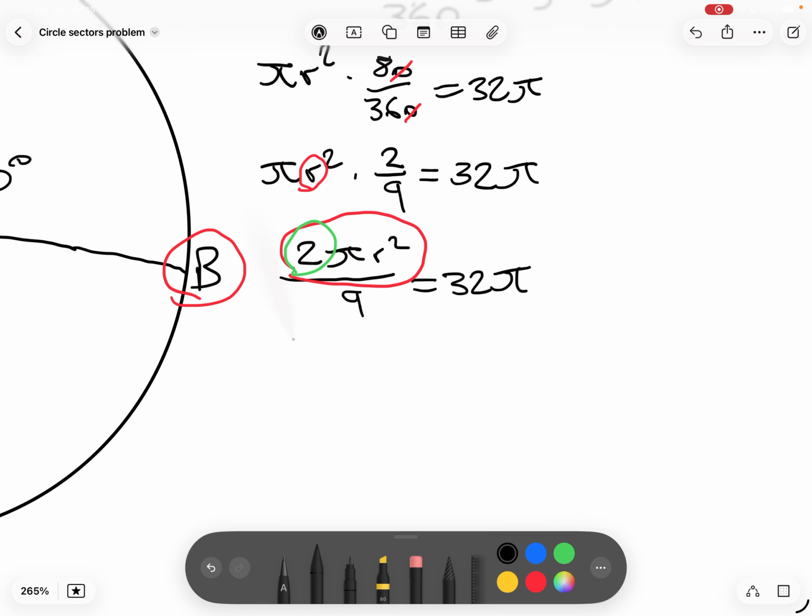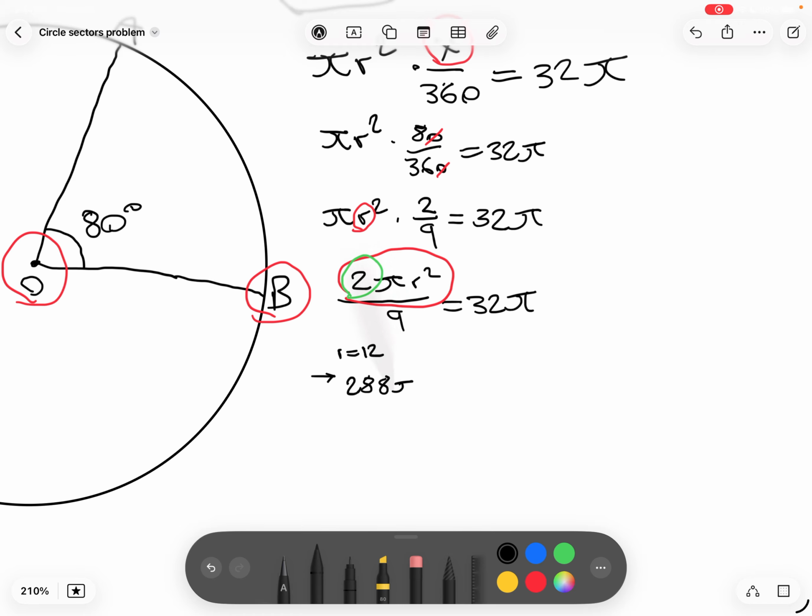We can check this. If r is 12, then 12 squared is 144. We can plug this in to our original equation. 144 times 2 is 288. That results in 288 pi on top, over 9, equal to 32 pi.